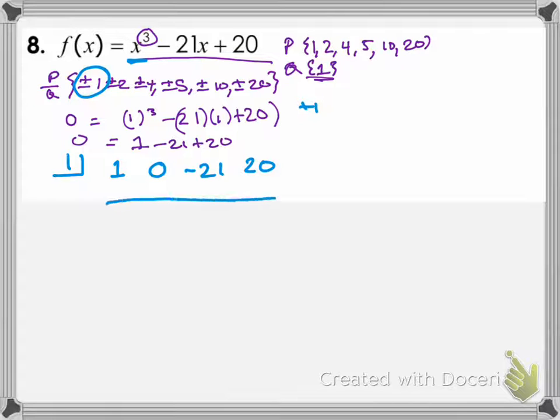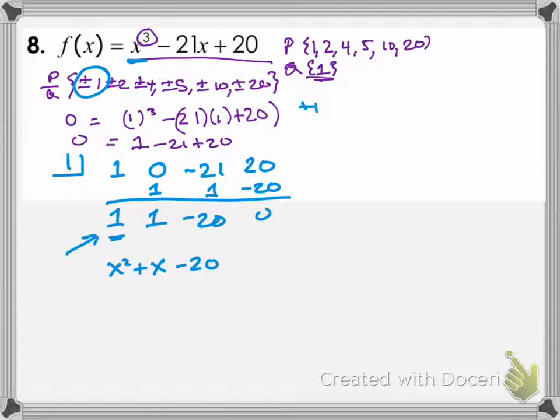I know this comes out right, but I need my depressed polynomial to keep going. 1, 1, negative 20, negative 20 is 0. So my depressed polynomial is 1x squared plus 1x minus 20.